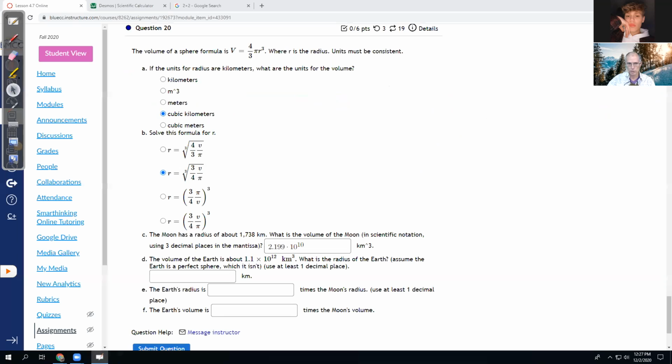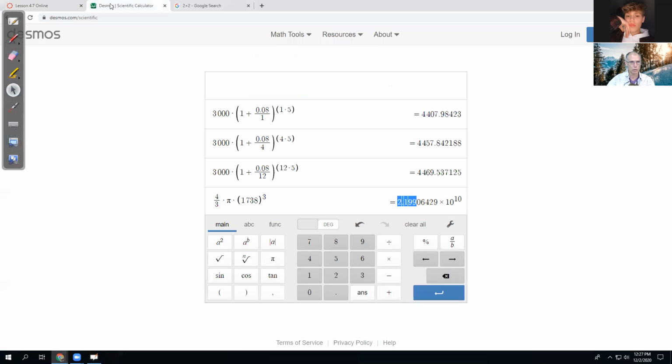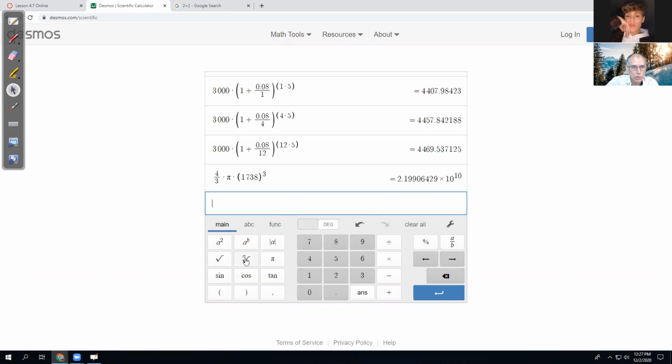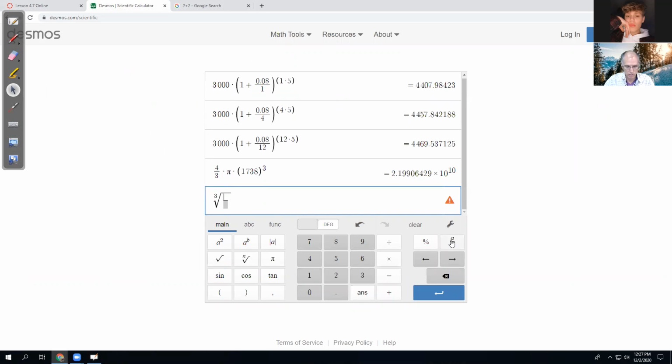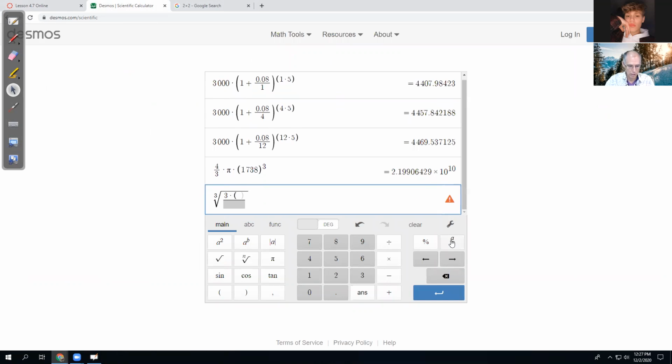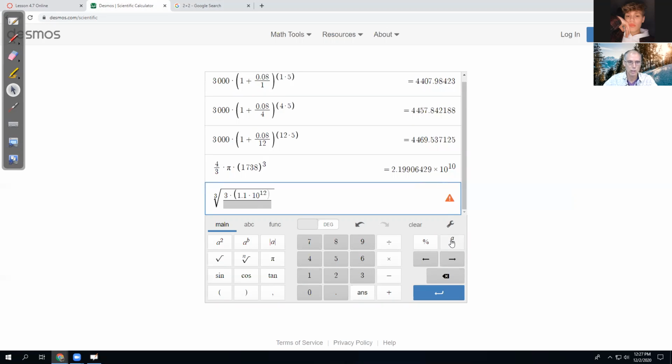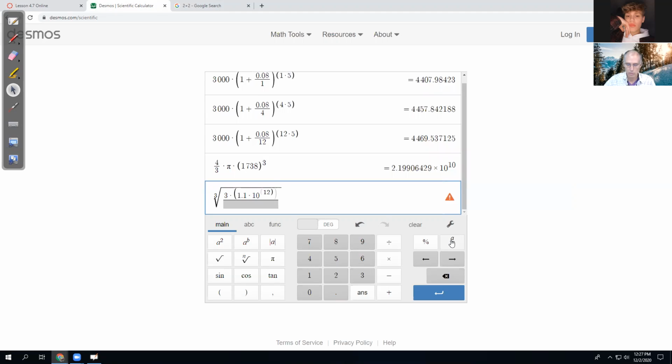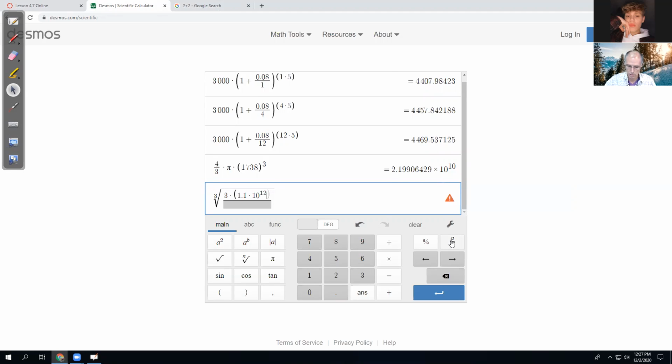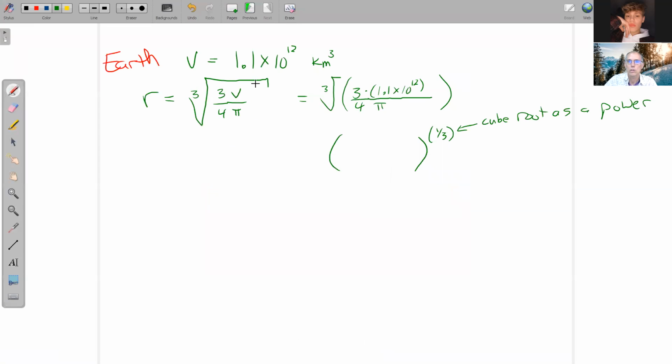And please try this with me to make sure your calculator is working the way you hope. So Desmos does have a cube root button. And then in there I want a fraction. 3 times parentheses 1.1 times 10 to the 12th. Did I write that correctly? Oops. Check my notes. Yep, 10 to the 12th.